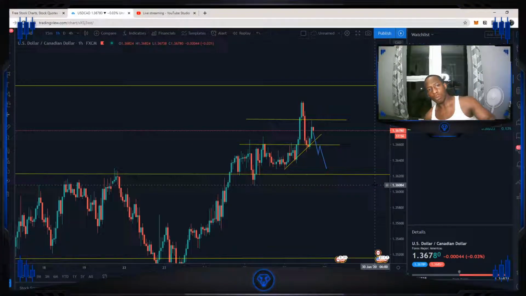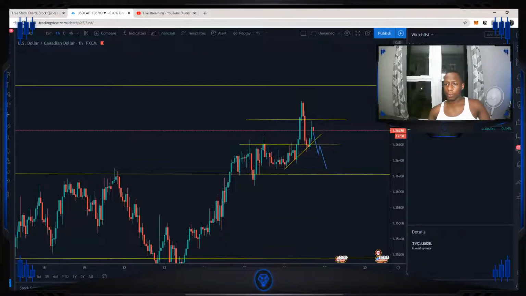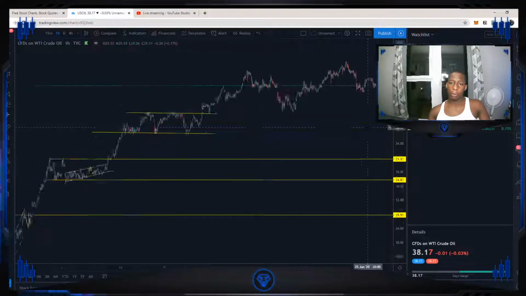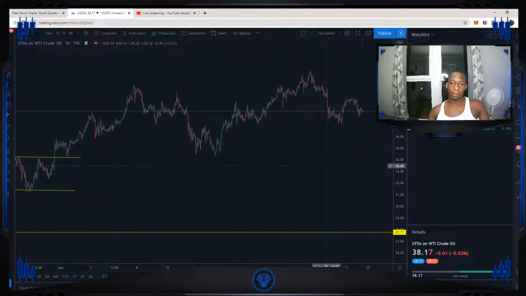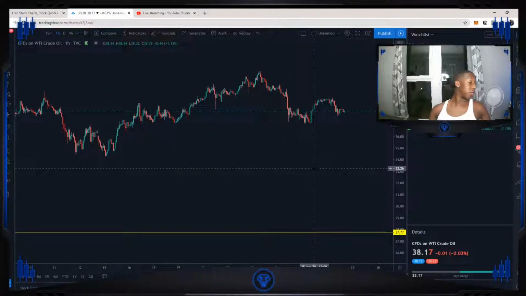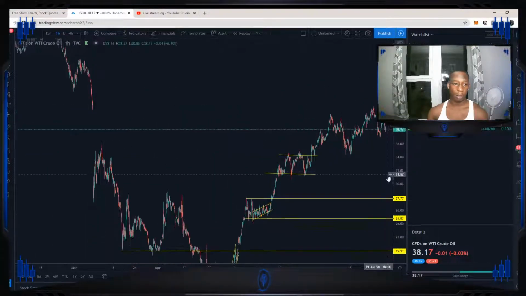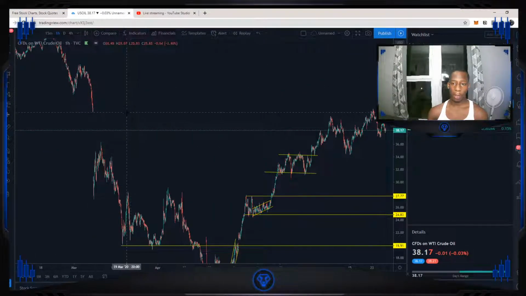So, any other currency pairs? Let's look at oil. Oil's been moving nuts. If you guys want me to do another currency pair, just tell me. At the moment, I'm just looking at oil, seeing what it's currently doing. It's filled in that.